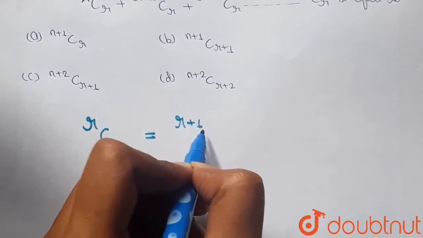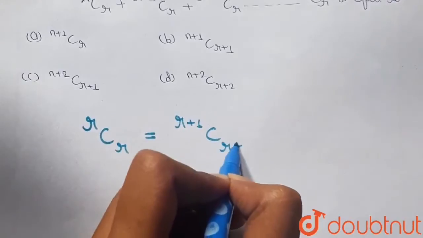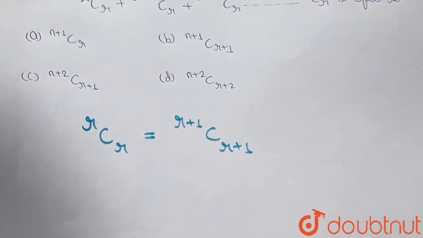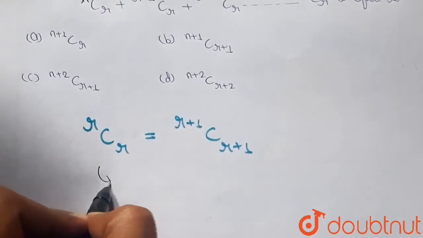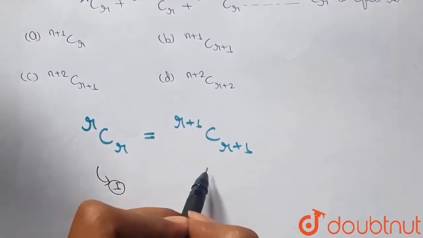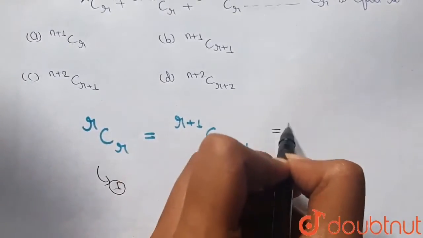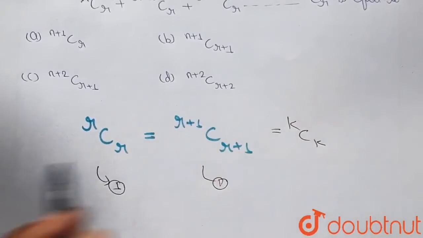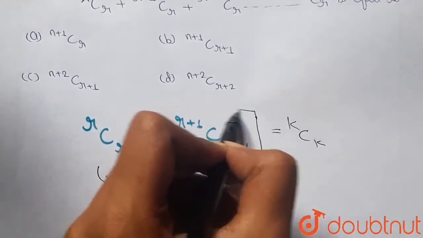So this rCr can be written as (r+1)C(r+1). Why? Because the value of this rCr is actually equal to 1, right? Similarly, this (r+1)C(r+1) will also become 1. Hence you can take any value like kCk, so they are always equal.